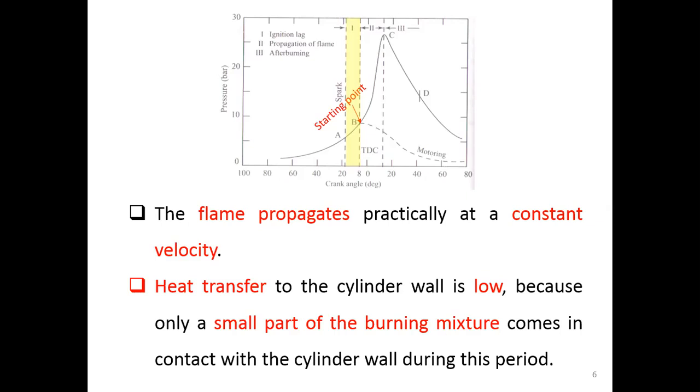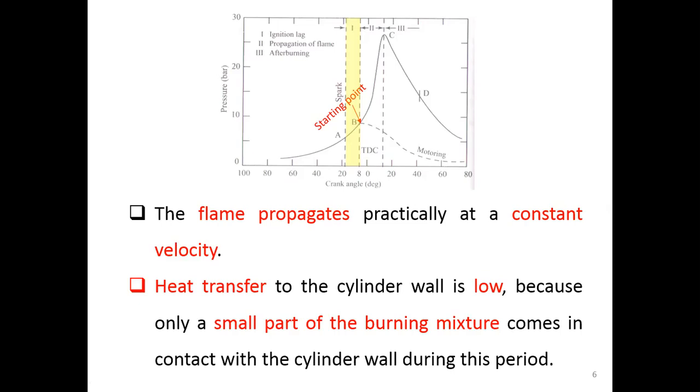So the amount of heat transfer to the cylinder wall at the beginning of this state is still low, because only a small part of the burning mixture comes in contact with the cylinder wall during this period.